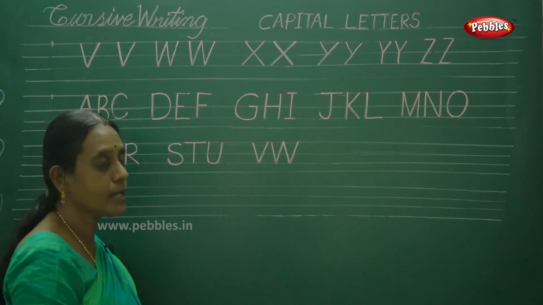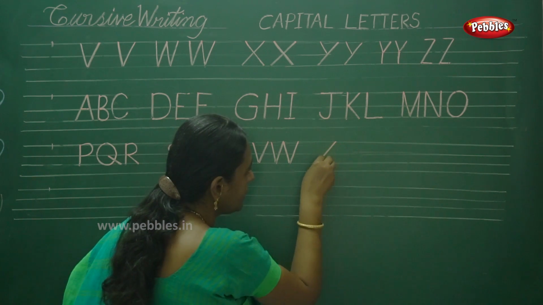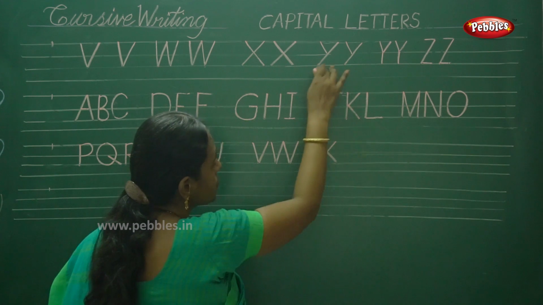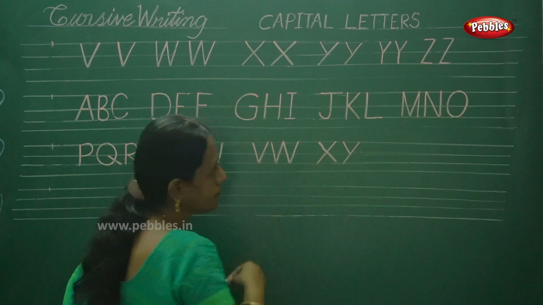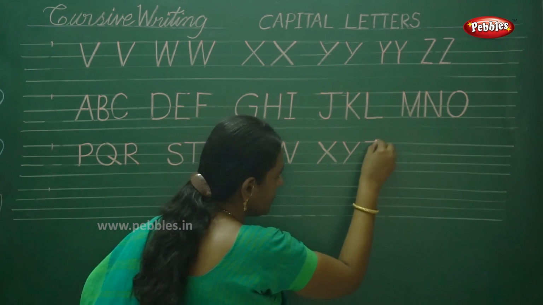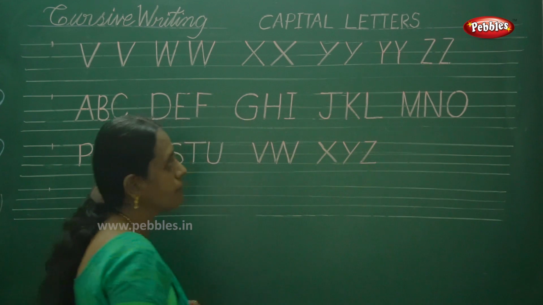Observe the lines and write slowly. V, W, and finally X. Y has two ways, that is one way. Then Z, lift your hand and complete this alphabet.